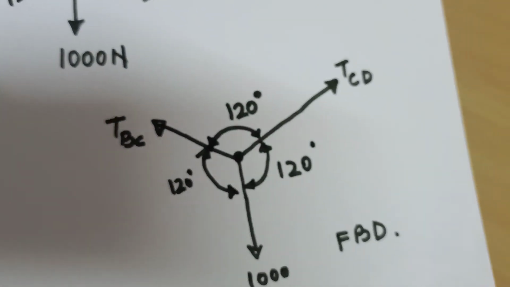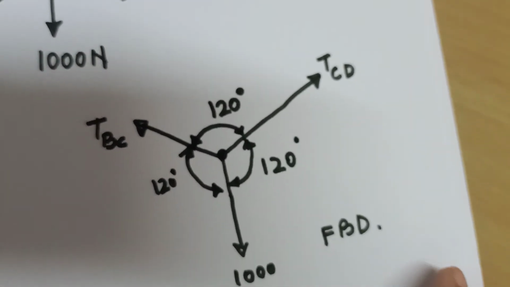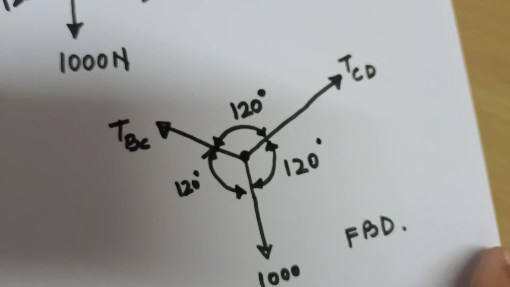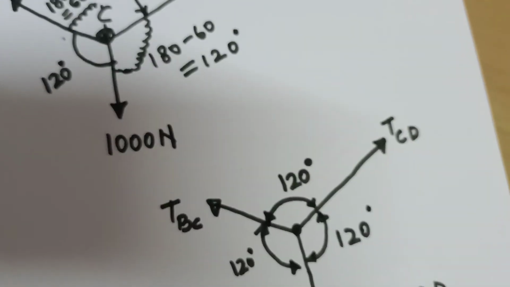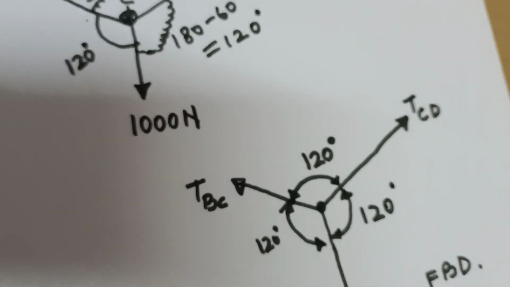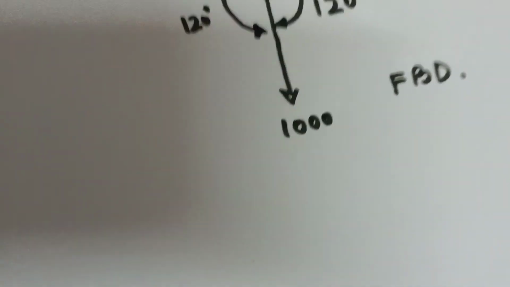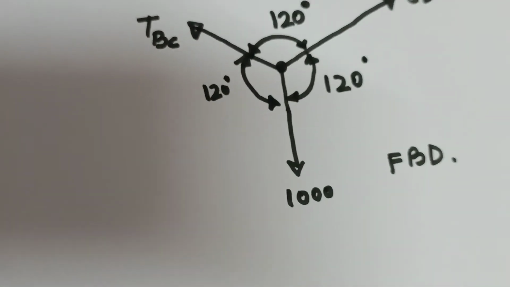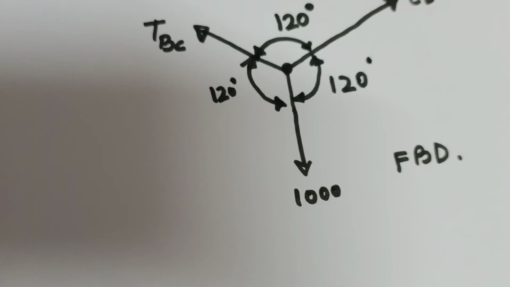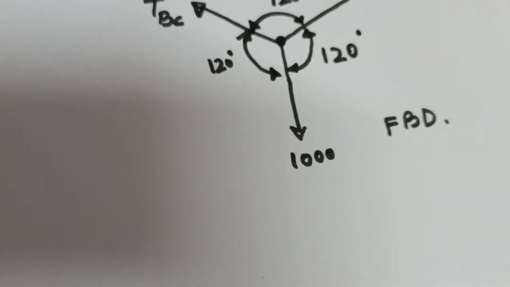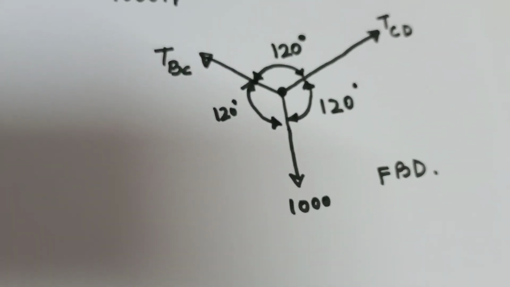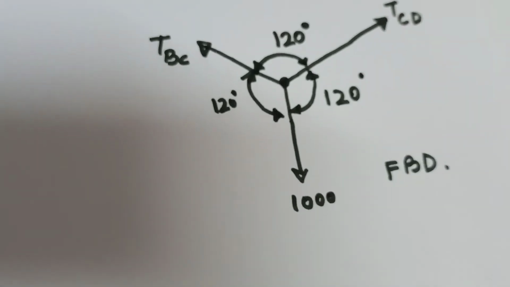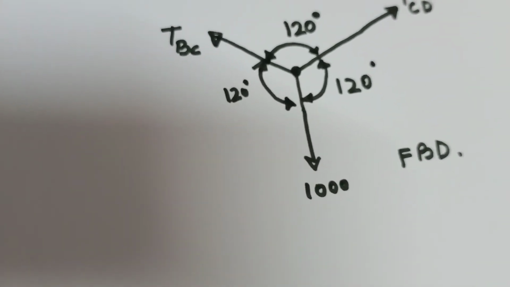Now I know the value of TBC, so I can easily calculate the value of TCD by applying Lami's theorem. So what is Lami's theorem? TBC is proportional to sine of angle formed by other two forces. What are other two forces? CD and 1000. So 120.